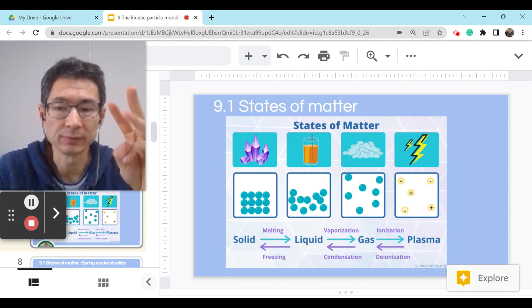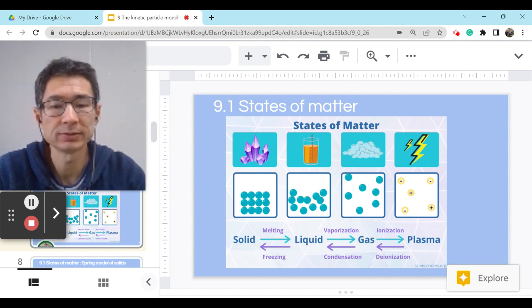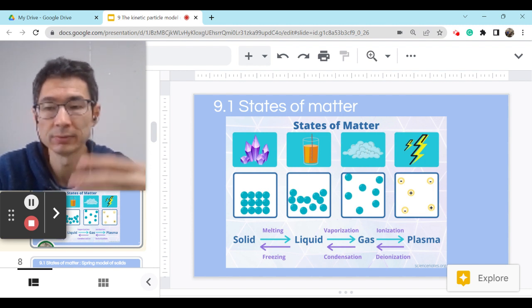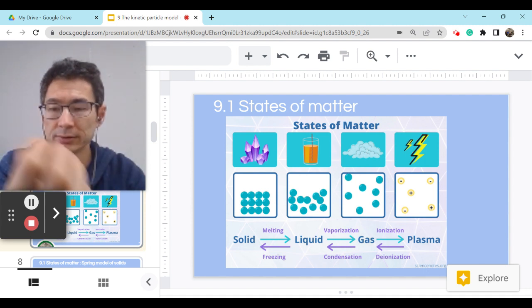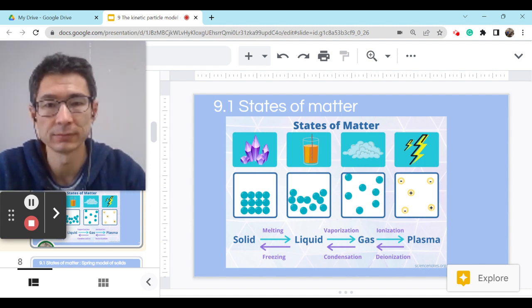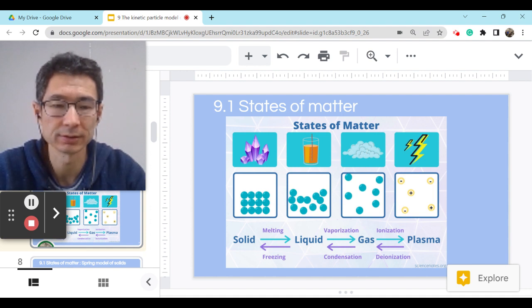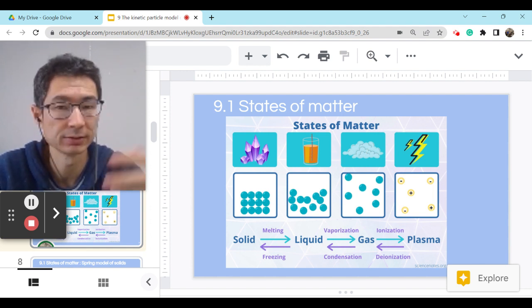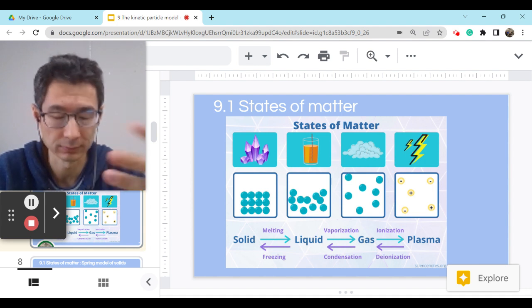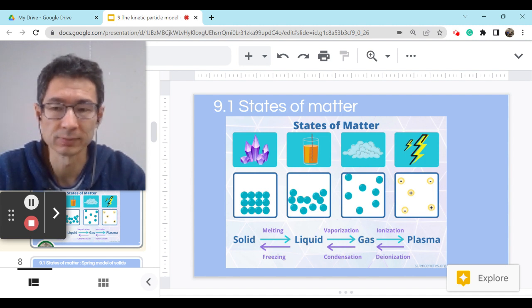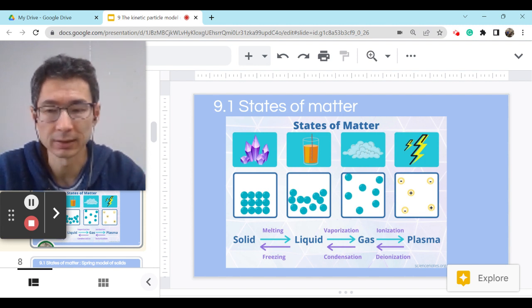But we're going to study only three states of matter: solid, liquid, and gas, and their behavior, because they are much more common on Earth. Plasma is less common, though it's becoming more common because of technology, like fusion and tokamak, some instruments which analyze atoms use plasma, and some welding.